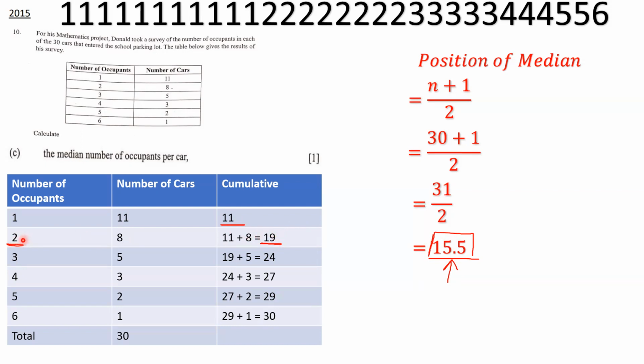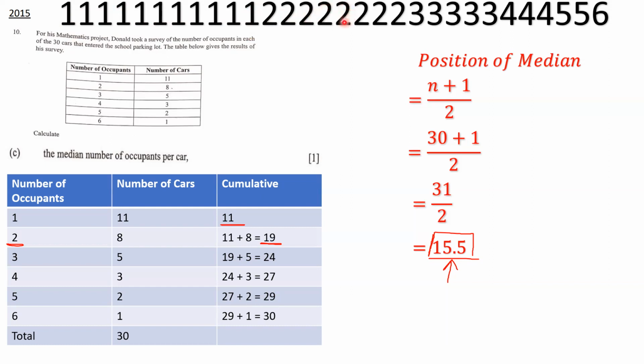And so what does that mean? How does that look if we look at the list? Well, this is the first number, this is the second number, this is the third number, this is the fourth number, fifth, sixth, seventh, 8, 9, 10, 11, right? So this is the 11th number, this is going to be the 12th, 13, 14, 15th number. So this 2 is the 15th number, right? That's the 2. This 2 is the 15th number.